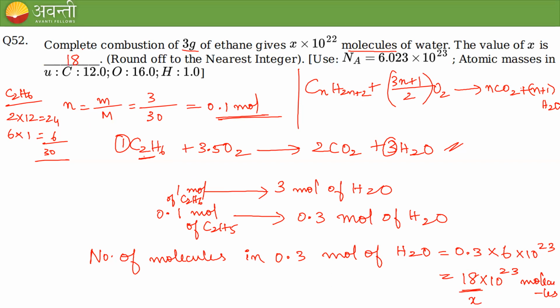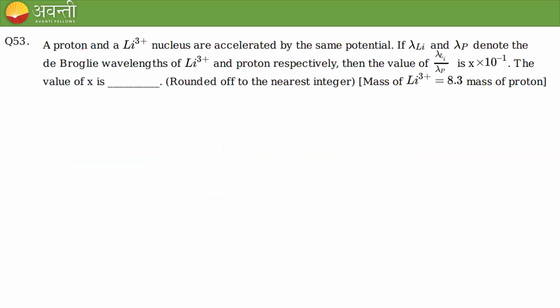Got it? Yes. Now, coming to the next question. A proton and a lithium 3+ nucleus are accelerated by the same potential. If lambda Li and lambda P denote the de Broglie wavelength of Li3+ and proton respectively, then the value of lambda Li by lambda P is x into 10 to the power minus 1.